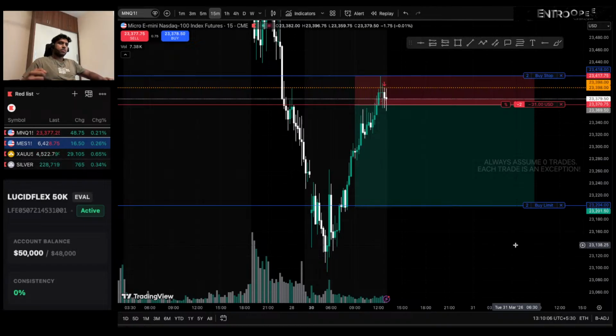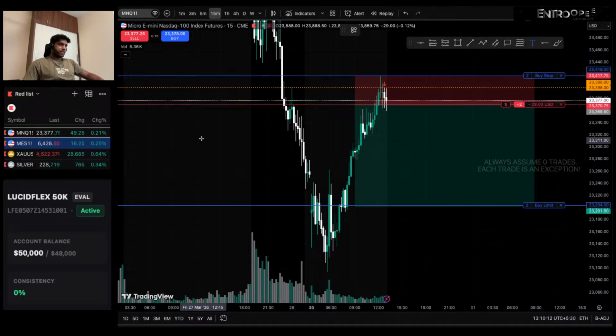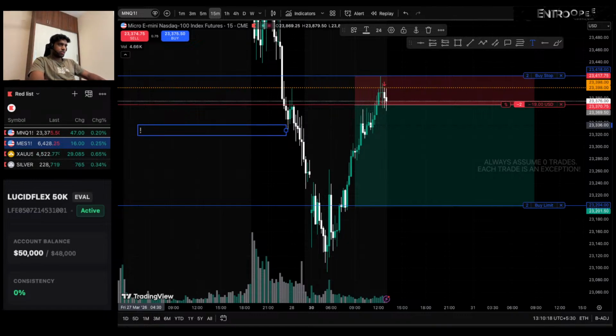By the time the trade is running, I think I can make my checklist here for determining if it's a valid trade or not. So the first thing is to understand if there's a clear liquidity area.